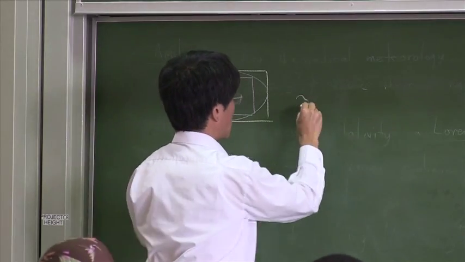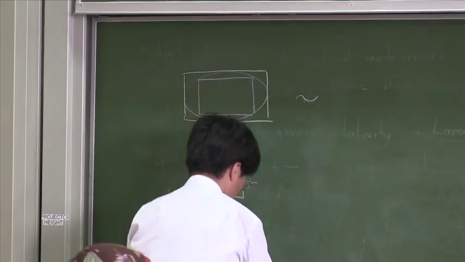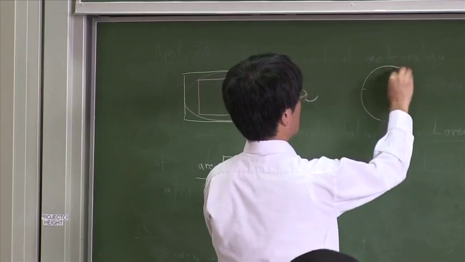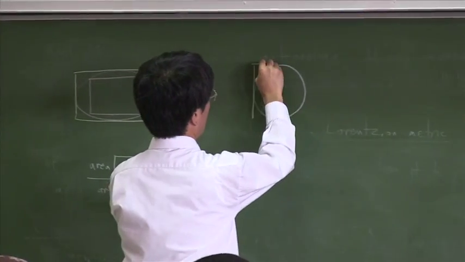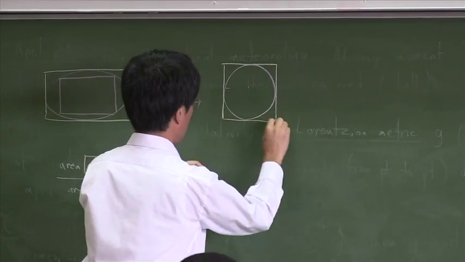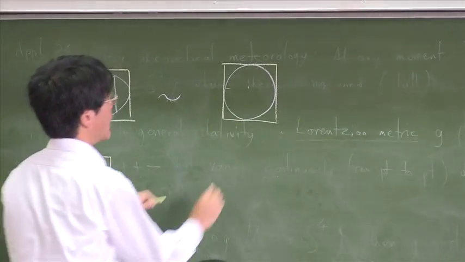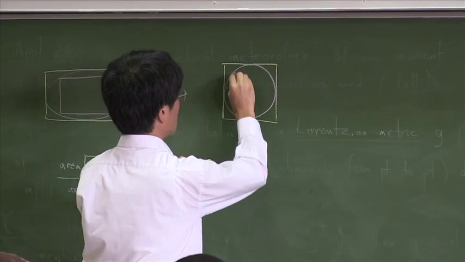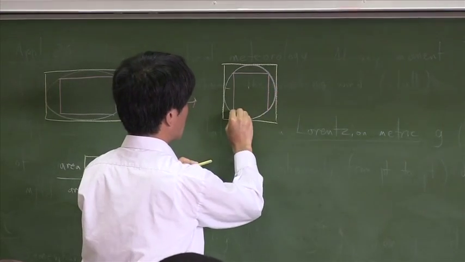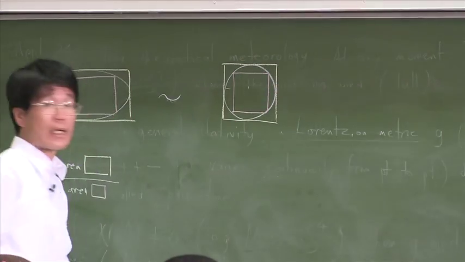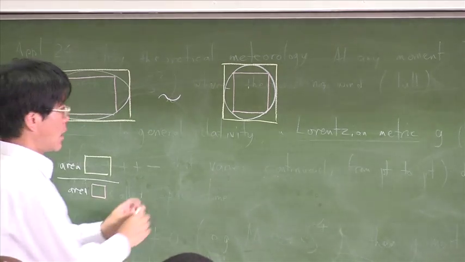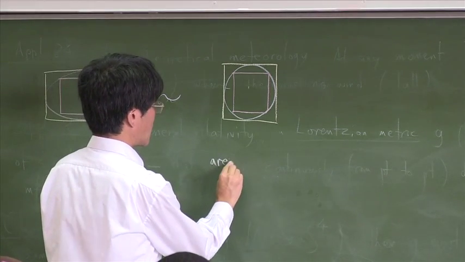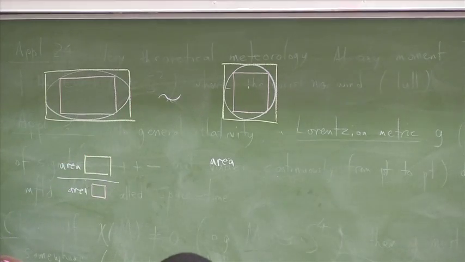So this picture can be deformed to the following picture. Where both sides are A, in other words, it's a square and a circle with another sort of square inscribed in the middle. In the course of this deformation, the ratio of areas does not change.